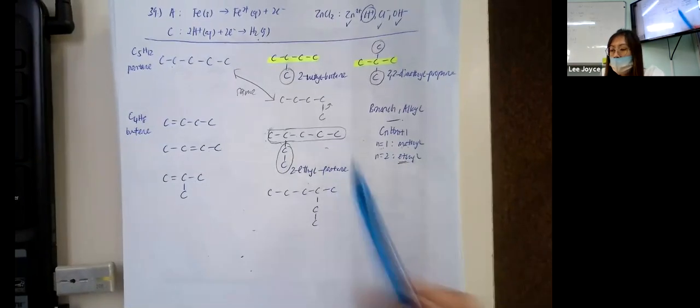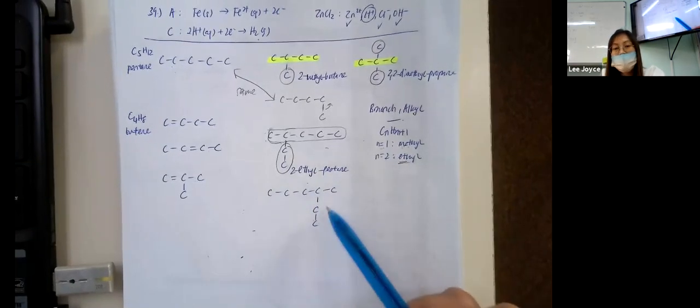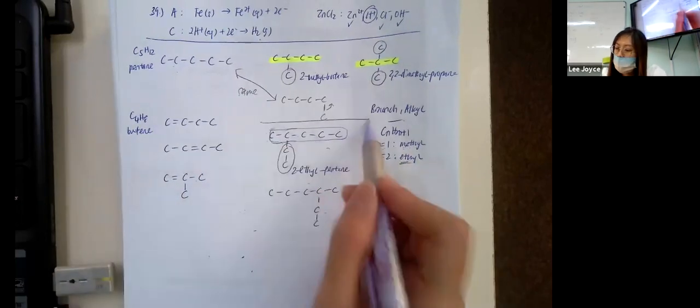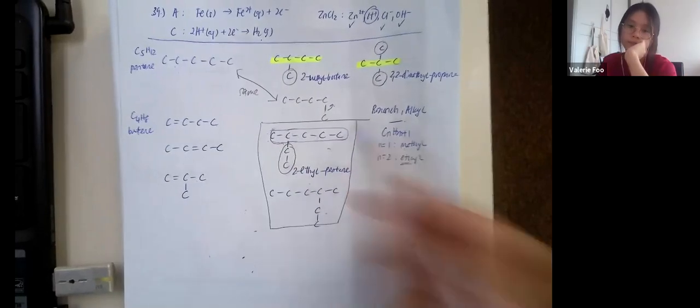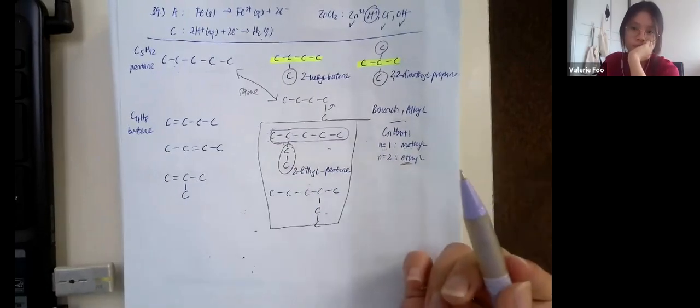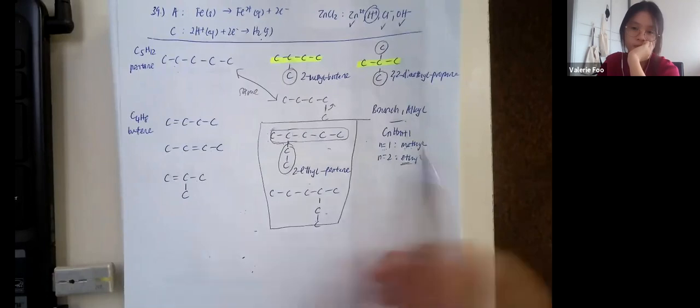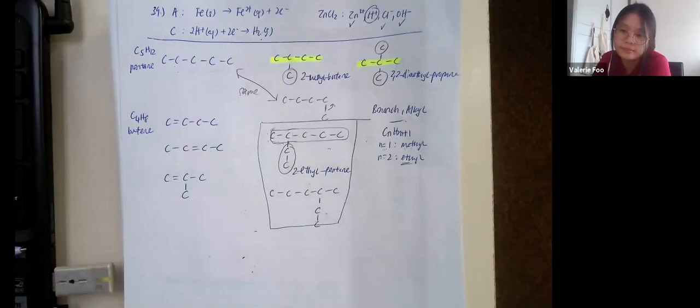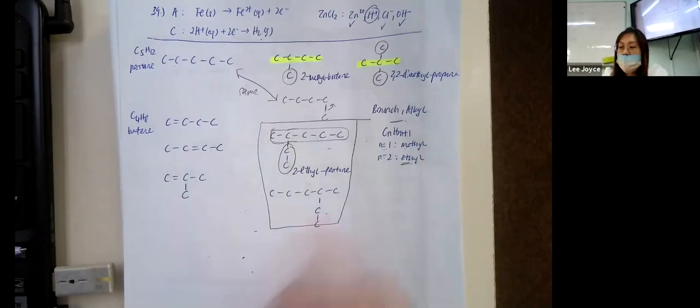Okay, so what about this structure? Now, is this structure the same as this, or are they different structural formulas? Are they the same or are they different? Let's see. Same. Yeah, same, right? Sabrina, you know why it is the same?